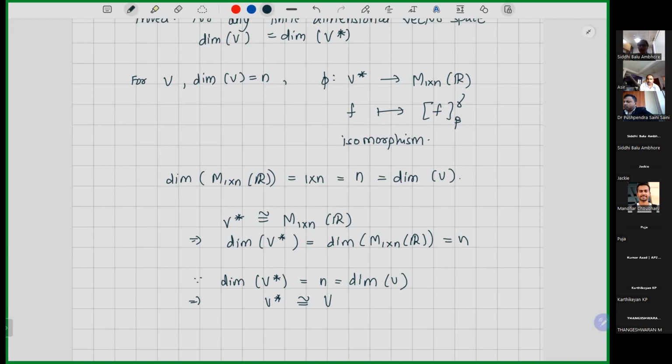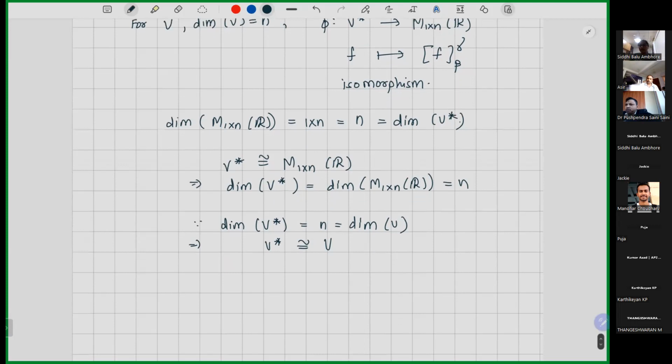And since we are in the finite dimensional setup, what I did was take this map from V star to M1 cross n R, and I proved that this is an isomorphism. Since this is an isomorphism, I know that the dimension of M1 cross n R is n, and by isomorphism this is the dimension of V star.